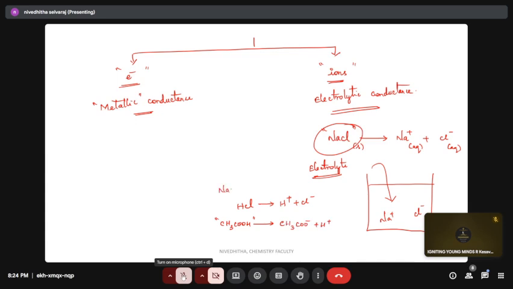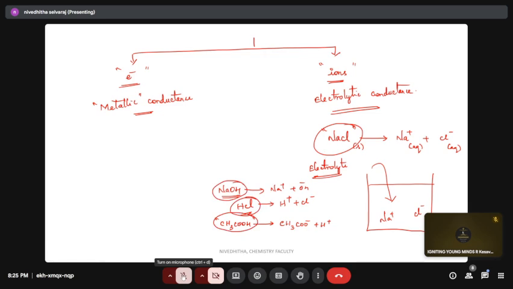I have sodium hydroxide. How will it get dissociated in aqueous medium? Na plus and OH minus. That's it. So all these chemical species get dissociated into ions inside the aqueous medium, so they are called electrolytes.